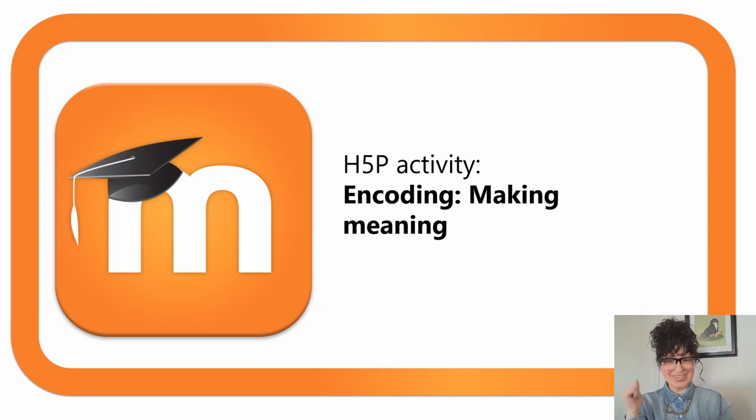To get the answer, go do the encoding and making meaning H5P. There is a little activity in there that actually tells you the answer here, and it's kind of an important answer, so you should definitely go find what that answer is. I think you'll be surprised, actually.